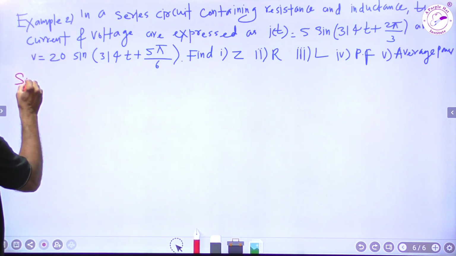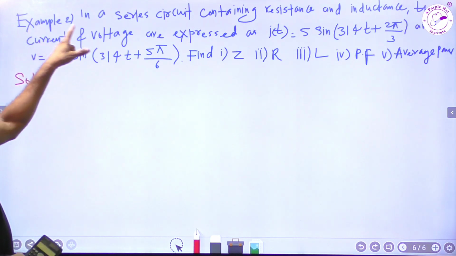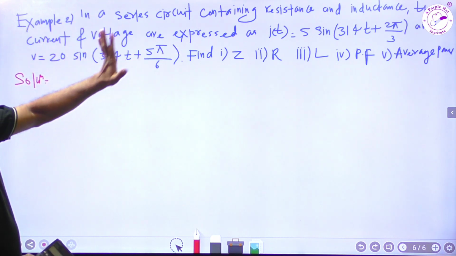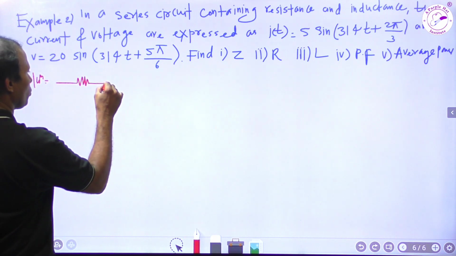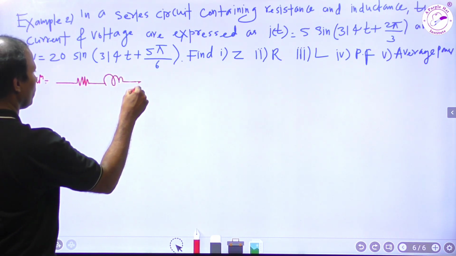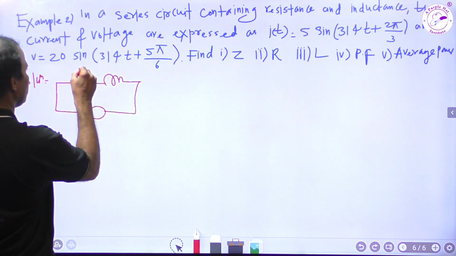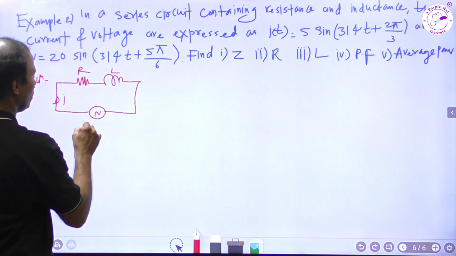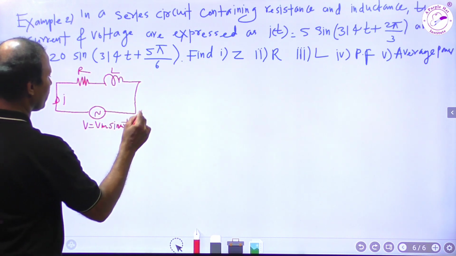Now the solution. In a series circuit containing resistance and inductance, means RL type circuit. So we come to know the circuit is RL type. This is the resistor, this is the inductor, and this is the instantaneous voltage V is equal to Vm sine omega t.